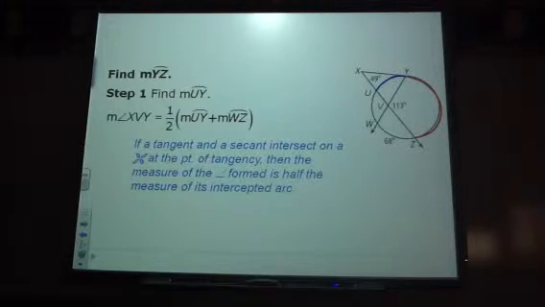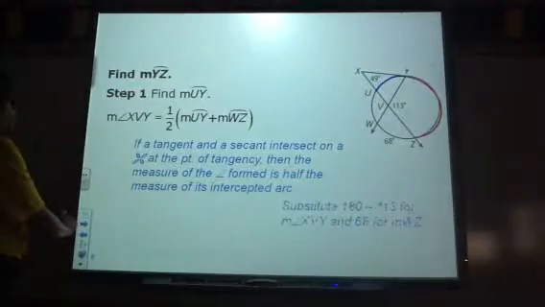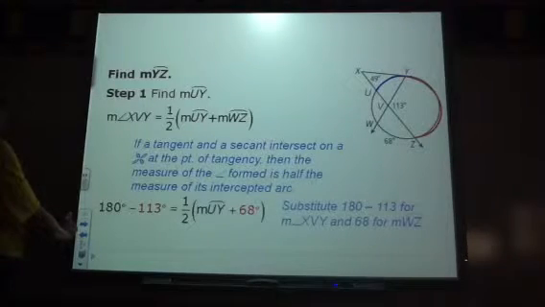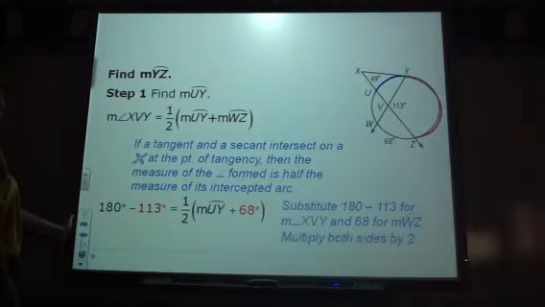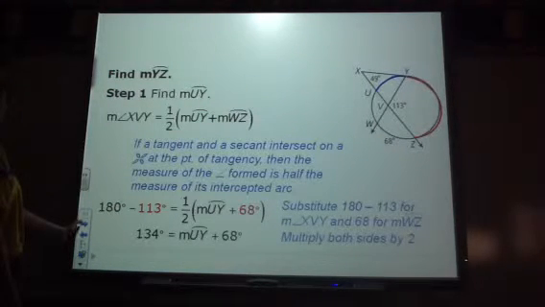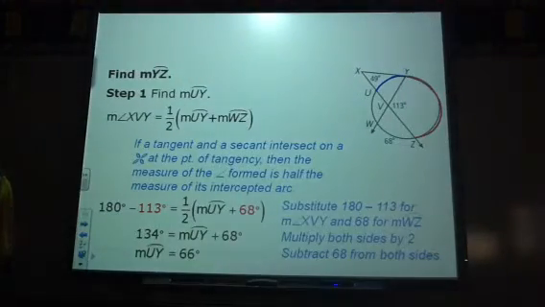Therefore, you're going to take the sum of the two arcs, then take half of that. So we're given... So then the arc of UY is 66 degrees.